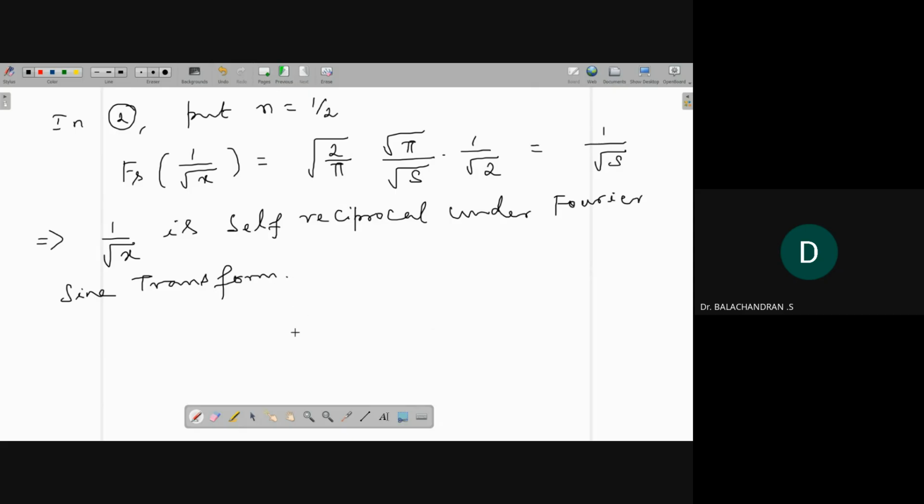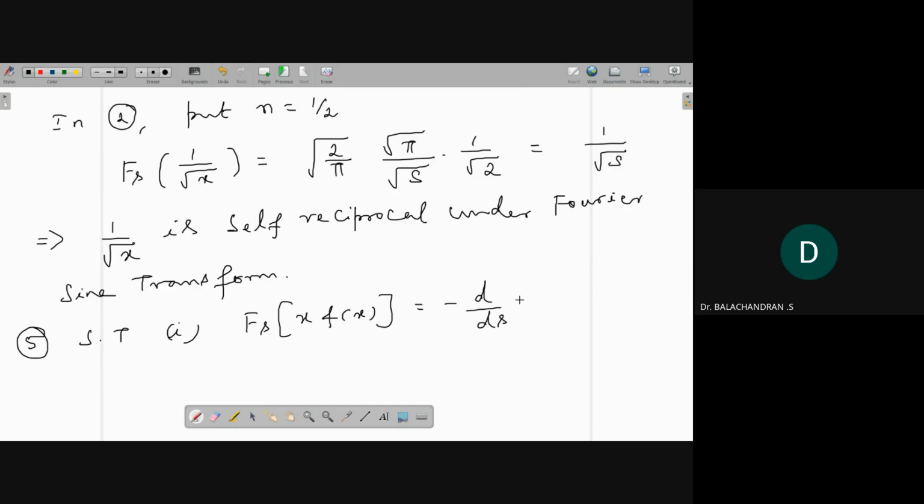Okay. So next problem, I think the fifth problem. Show that, subdivision number 1, Fs of x into f of x, the Fourier sine transform of x into f of x, is equal to minus d by ds of Fc of s.